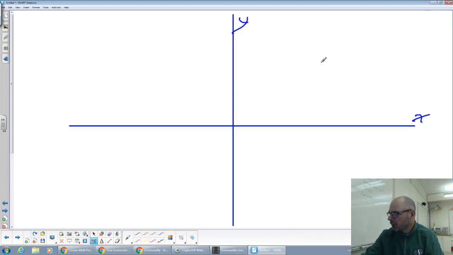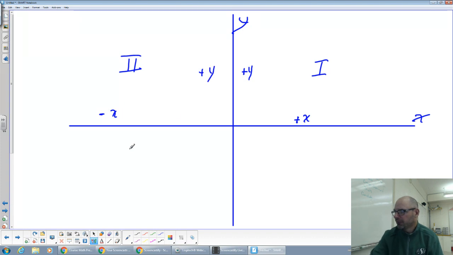So if this is the first quadrant, x is positive and y is positive. Okay, this is the second quadrant. X is negative, but y is positive. This is the third quadrant.